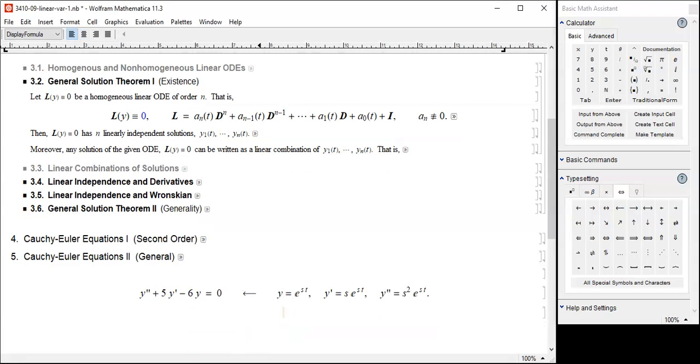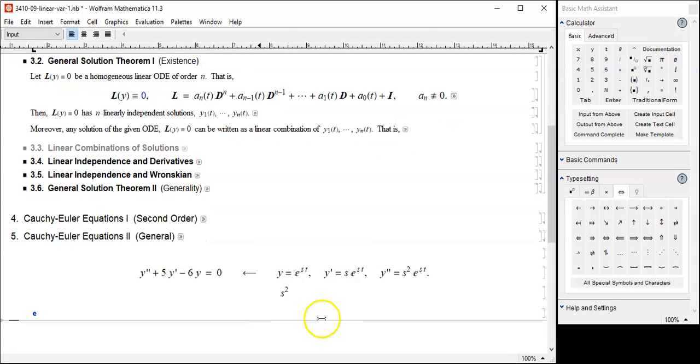S squared e to the st plus 5s e to the st minus 6 e to the st equal to 0. That's what you're getting.